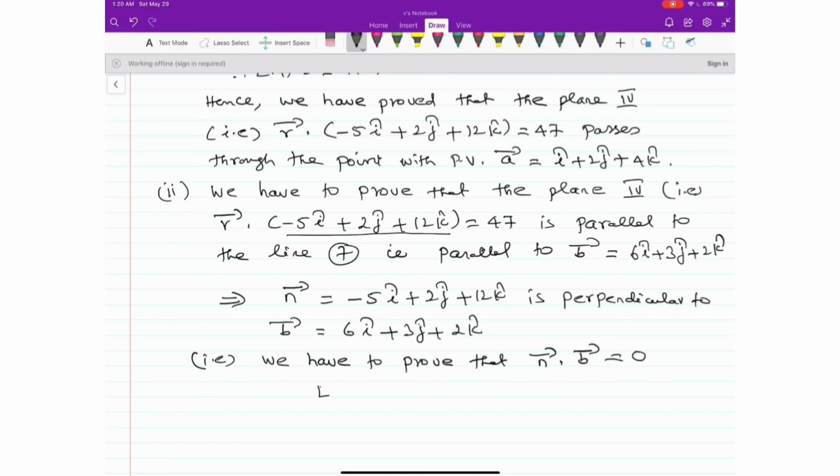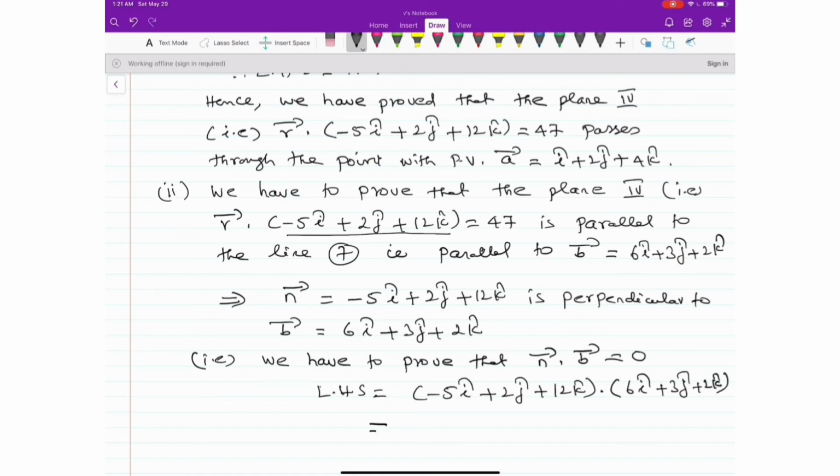What will happen to LHS? LHS is equal to (-5 i cap + 2 j cap + 12 k cap) dot b vector (6 i cap + 3 j cap + 2 k cap).